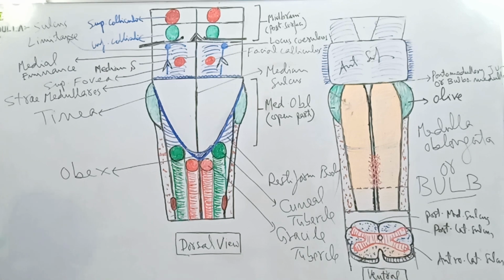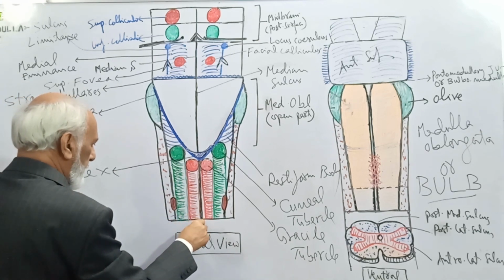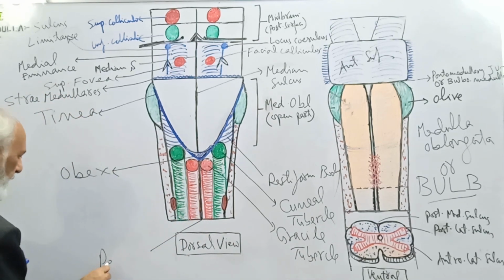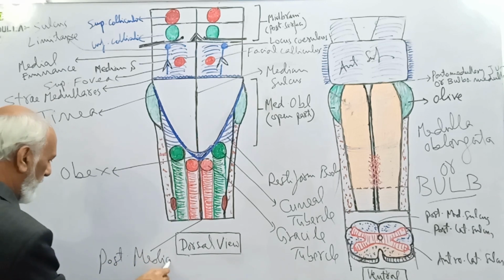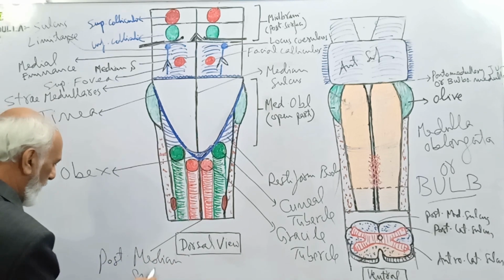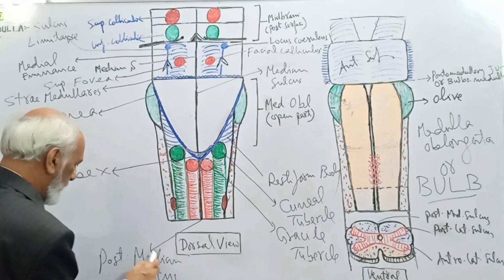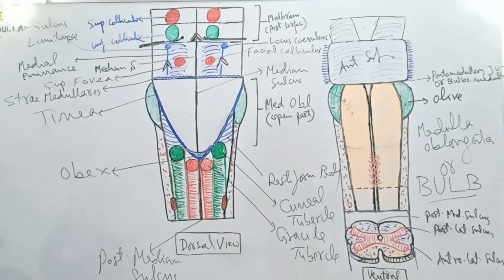Now look here, I want to remove this confusion. On the outer surface of the closed part of the medulla oblongata, this is the posterior median sulcus. So what is the difference in terminology?